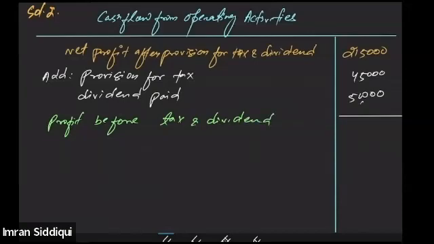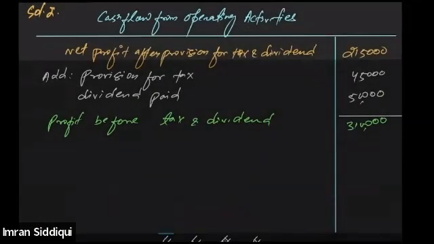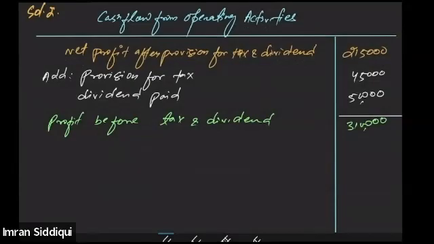This is 2,15,000 plus 45 and 50. So totaling this, we will be getting 3,10,000. Right? Is it clear till this point? Yes.